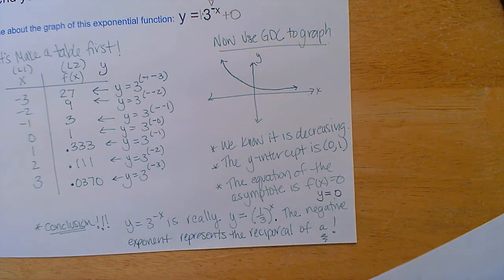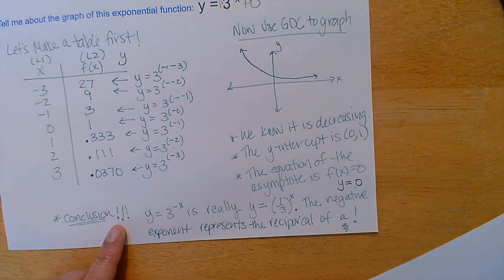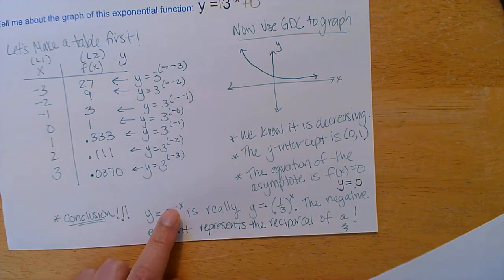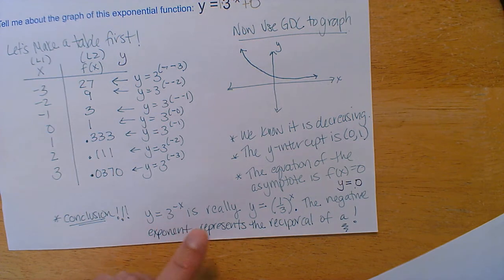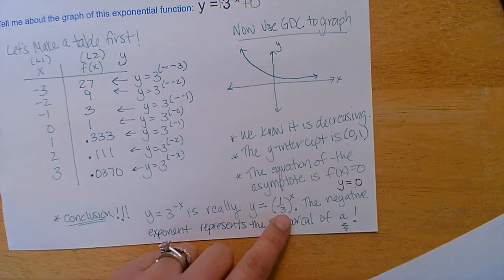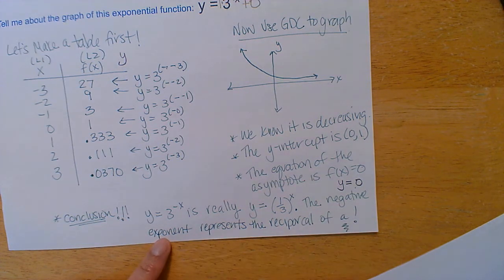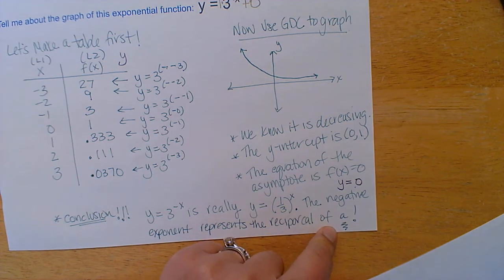So conclusion, let's make a conclusion because this reminds me of something that we've done. In conclusion, y = 3 to the power of negative x is really y = (1/3) raised to the power of x. The negative exponent represents the reciprocal of a.